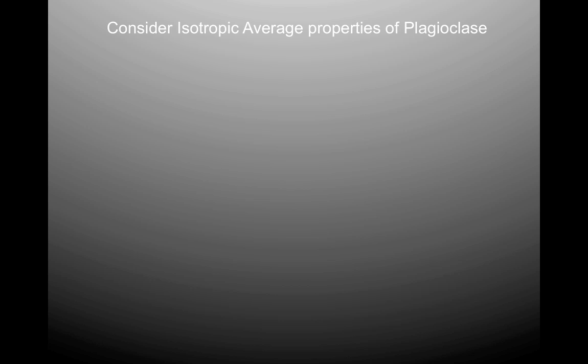So now let's consider isotropic average properties of plagioclase. I do provide you with a MATLAB function called Voigt-Reuss-Hill, VRH, using capital letters.